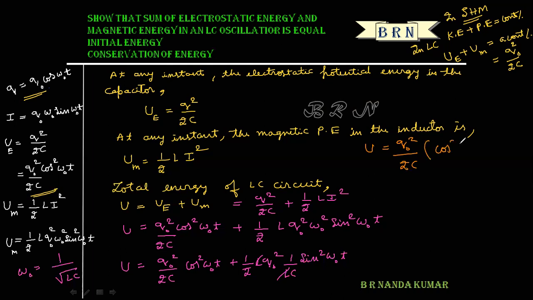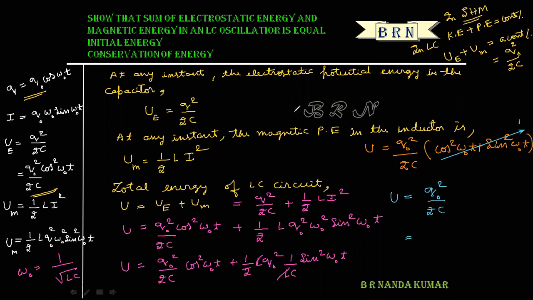The remaining is cos square omega naught T plus sine square omega naught T. What is the value of cos square omega naught T plus sine square omega naught T? That value is equal to 1, right? So finally we get U is equal to Q naught square divided by 2C.